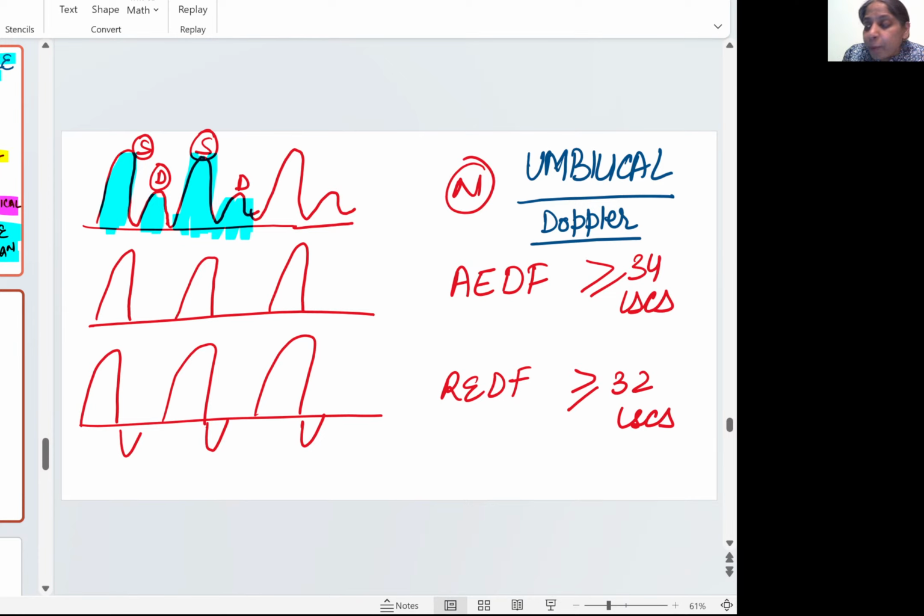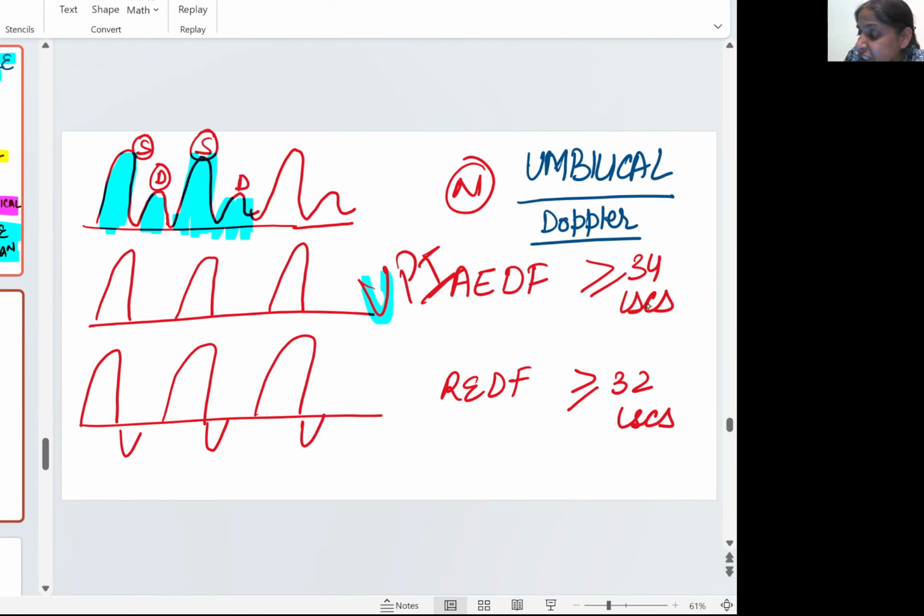Write down in the chat box, what does AEDF stand for? Absent end diastolic flow. And when is it seen? In the case of uteroplacental insufficiency, there is no diastolic blood flow.